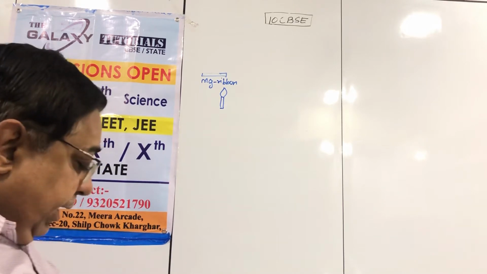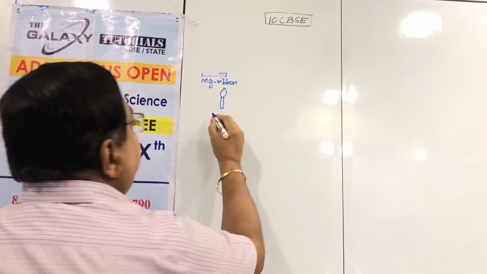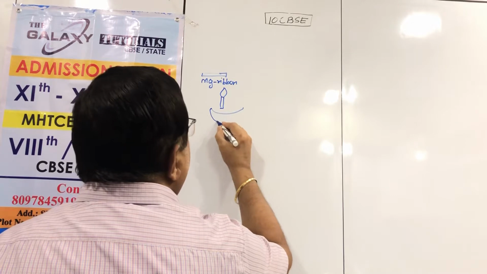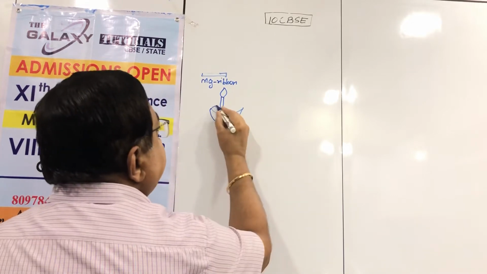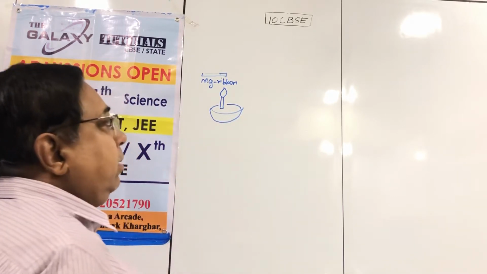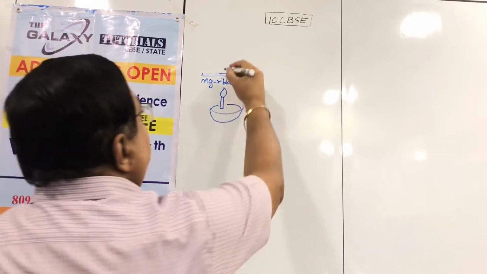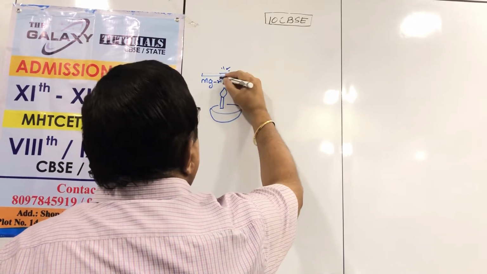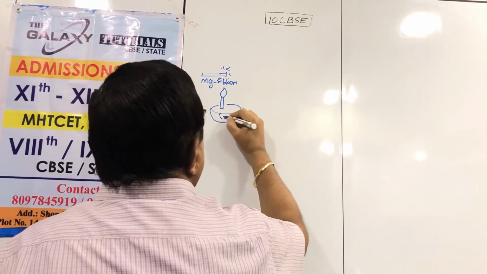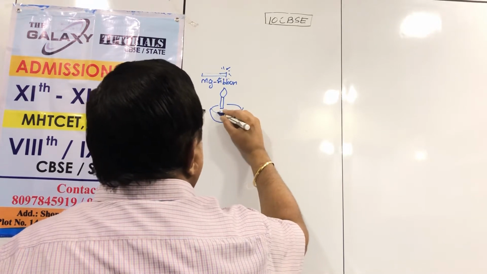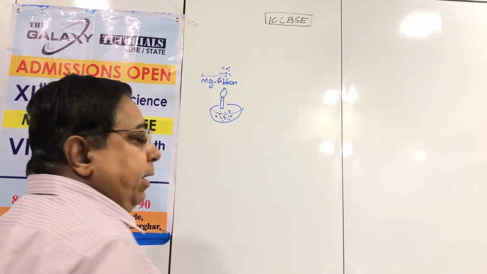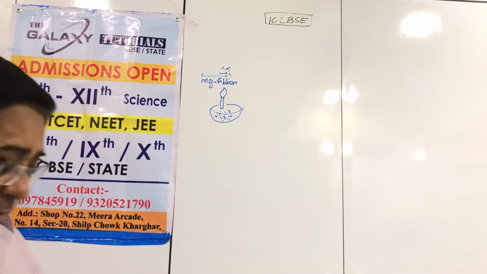When I light it, and I keep a petri plate below, I will find that this will burn, and white particles will fall down or be deposited in my collecting vessel.